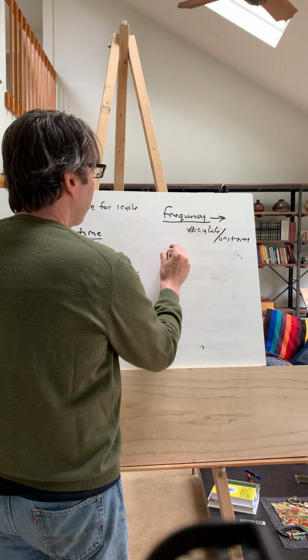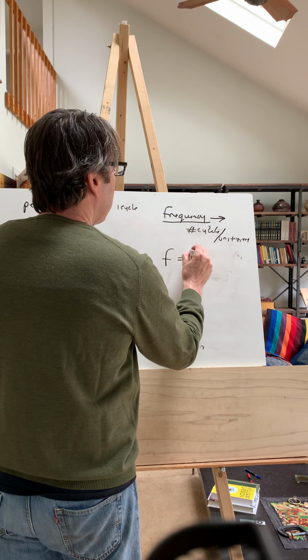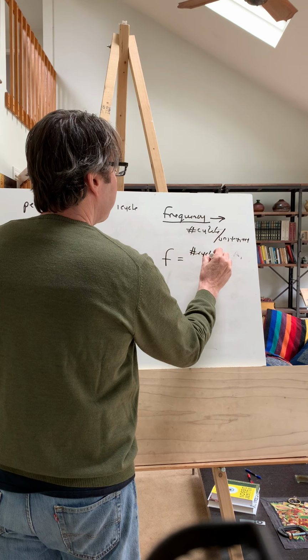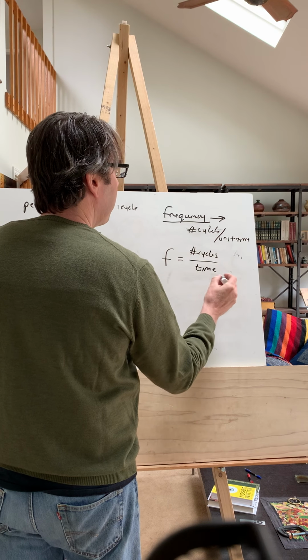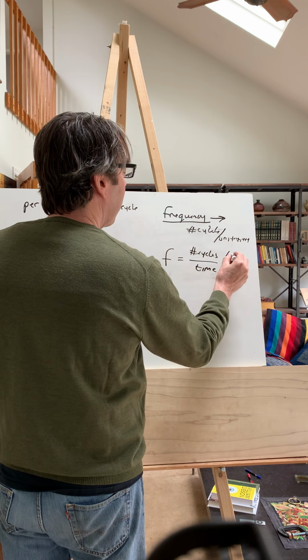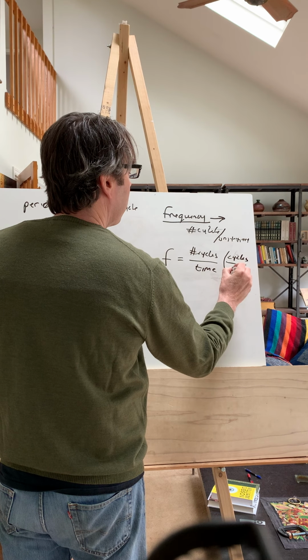And we write that frequency small f equals number of cycles per unit time. And we can see that the units for that are cycles per second.